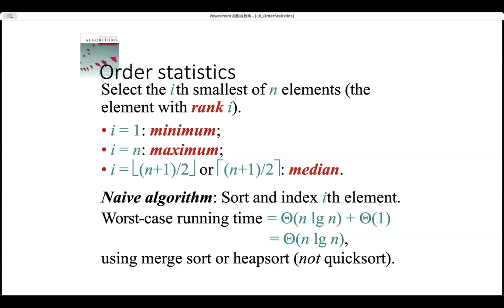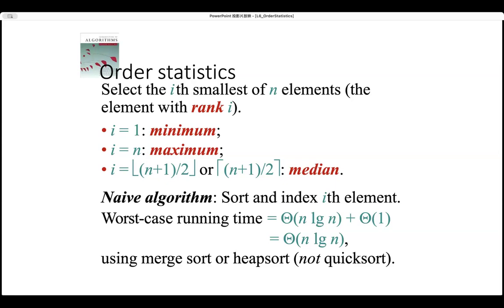There are some special cases when i is given. For example, if i is 1, that means we want to find the minimum element from these numbers.